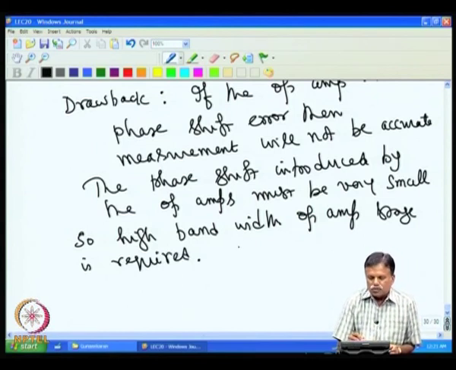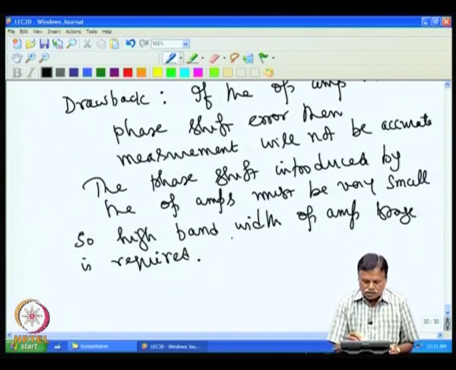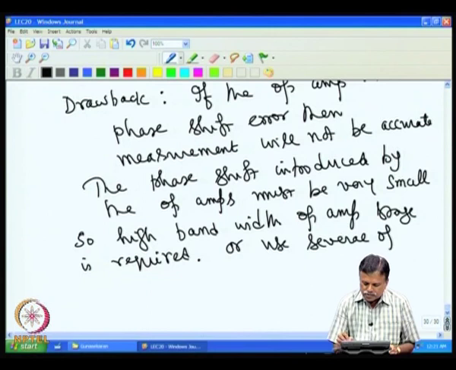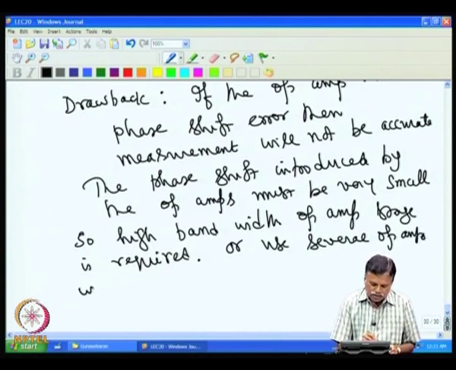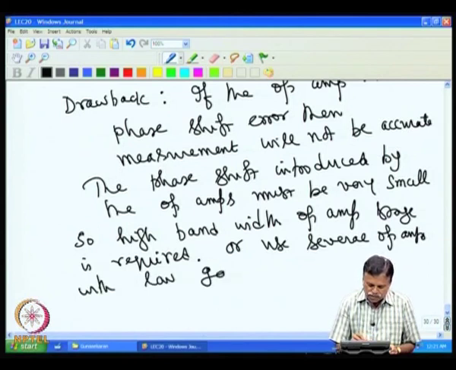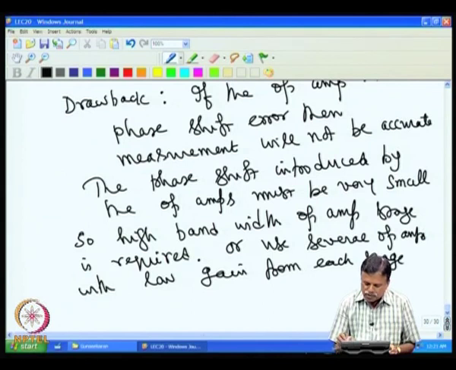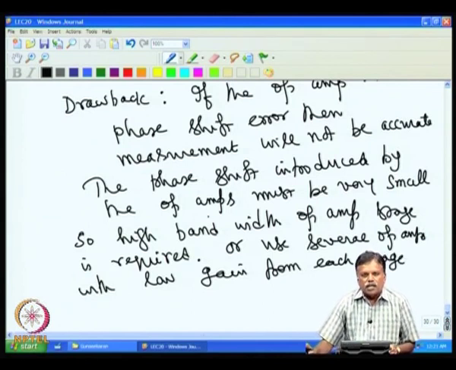Alternatively, use op amps with low gain, use several op amp stages, each one with low gain. We will be discussing this a little later, how to reduce the phase shift produced by the op amp.